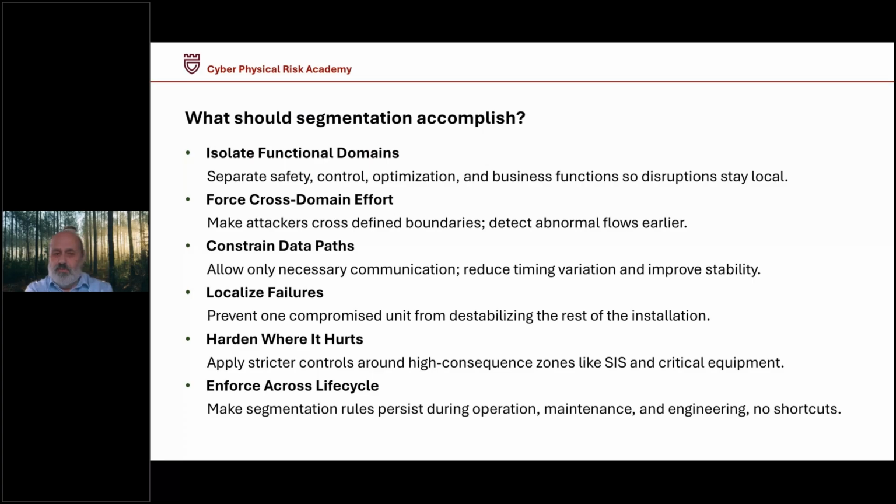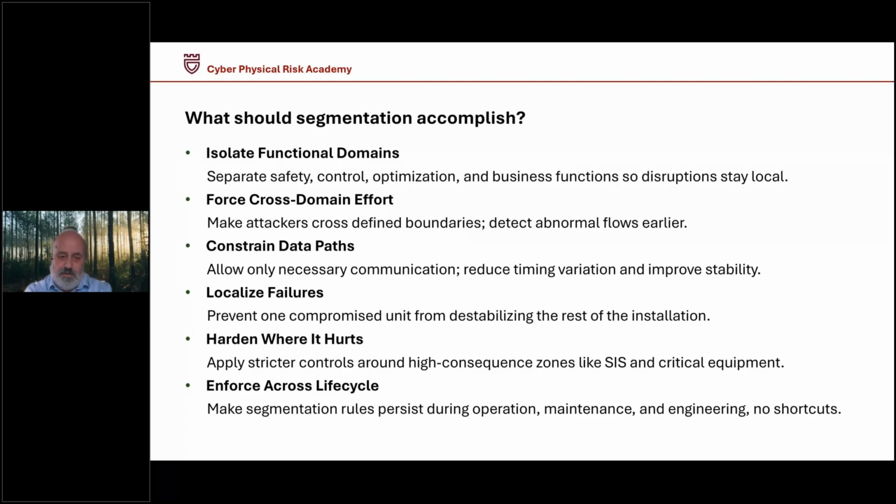And when I talk about segmentation, I try to explain it now as much as possible from a network perspective, from a process control network perspective. But you can, of course, do segmentation in many ways. You can also segment the process in a way. If you have two process trains, that's also a kind of segmentation, and in a plant, you segment the plant in all kinds of fire zones to localize impact.